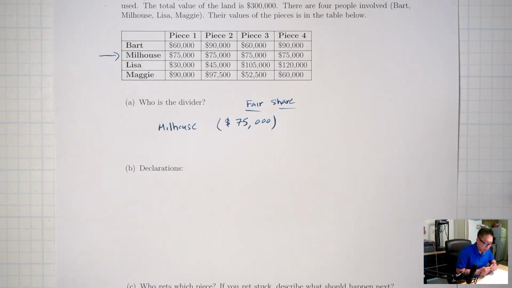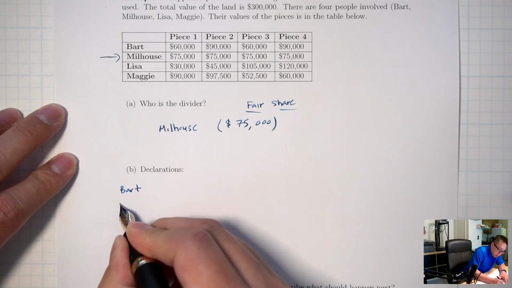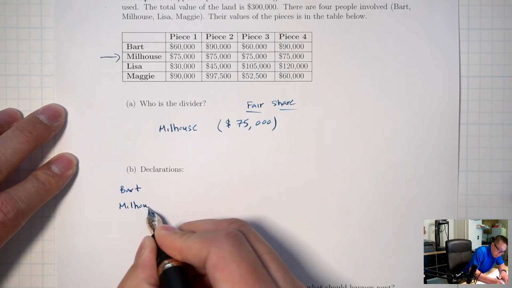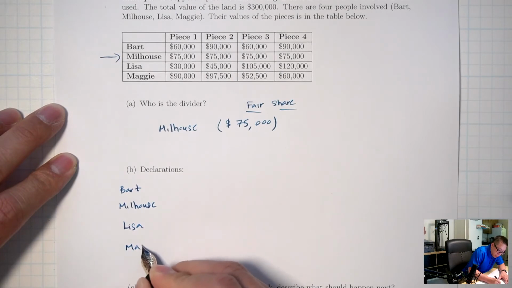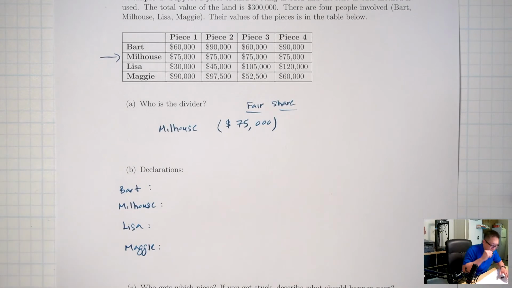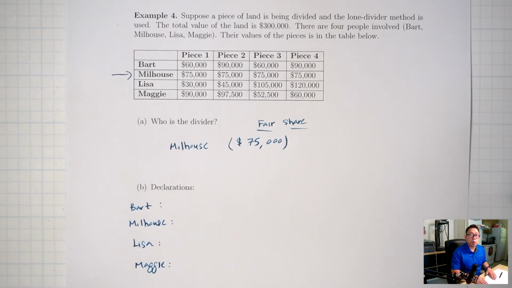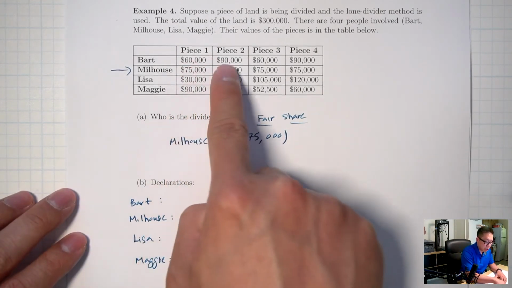So for each person, we're going to go through the list for each person and decide on which piece or pieces they would accept as a fair share. So for Bart, we're going to look at each piece.